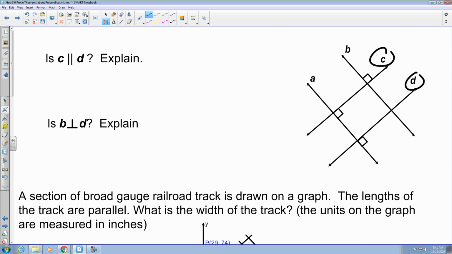The answer is yes, they are parallel to each other. The reason is C and D are perpendicular, because here C and D are perpendicular to what looks like line B.